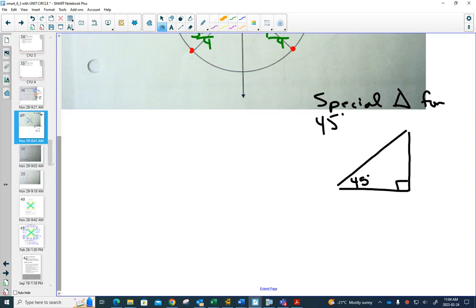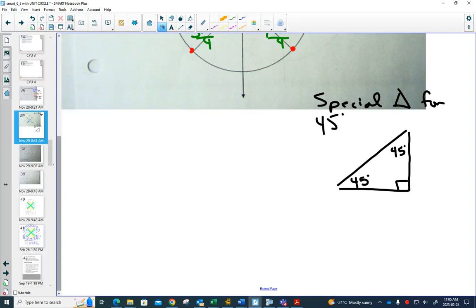Now, first of all, if you have a 90-degree triangle and one of the angles is 45, you know that the whole thing adds up to 180 degrees, and you could figure out that this other angle is also 45 degrees, which makes this a special triangle. What do you call a triangle where two of the angles are the same?